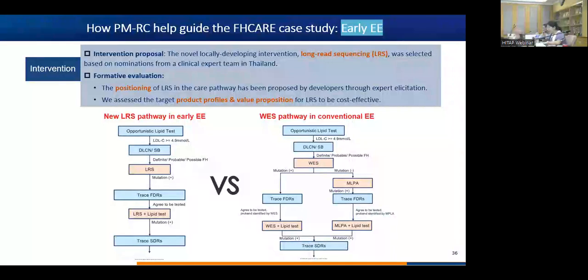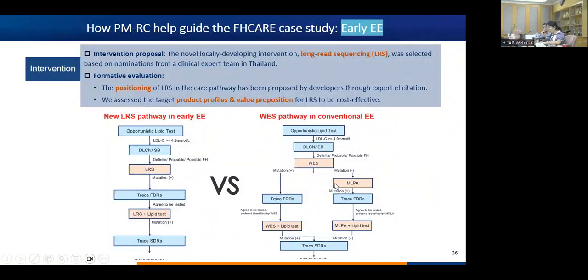As the technology has passed the early stage, the technology developers have already proposed its positioning in the clinical pathway, taking into account the healthcare system readiness and the public perceptions. As can be seen in the figure below, in comparison with WES in the conventional EE, the pathway of screening using this new technology is quite similar to the conventional one, except for the presence of the confirmatory test.